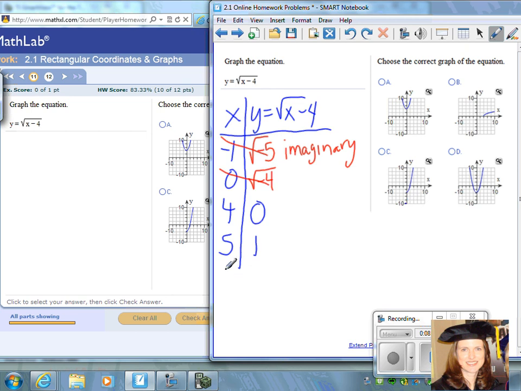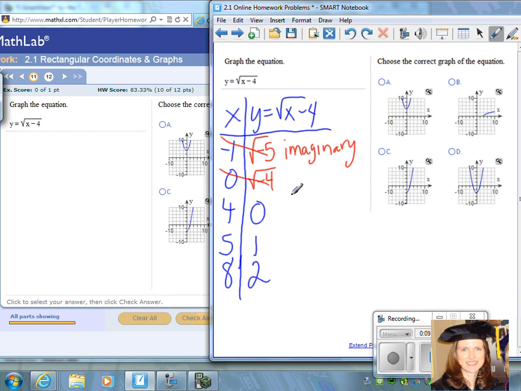I'm going to skip a couple so I get a nice real number out. Let's try 8. Y is equal to the square root of 8 minus 4. First you take 8 minus 4, which is 4, and take the square root of that to get 2.